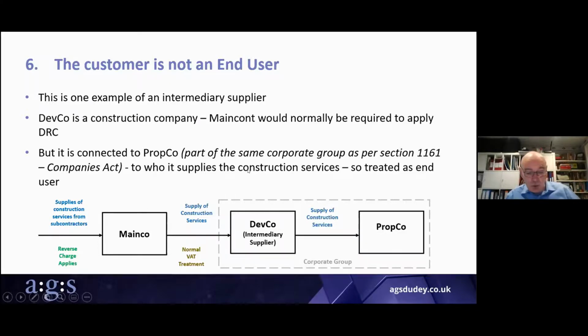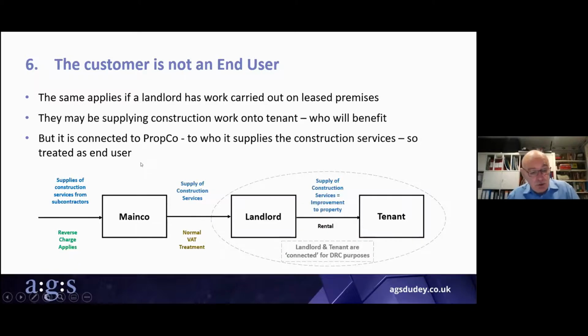Just to go on to another example, you can see the same principle here. In this case, we've got a landlord with a property let out to a tenant. They're connected because they're both subject to the same legal agreement, the lease agreement between them. The main contractor again receives construction services and supplies them on, in this case, to the landlord, who effectively supplies them on to the tenant, who will benefit from the works that have been done.